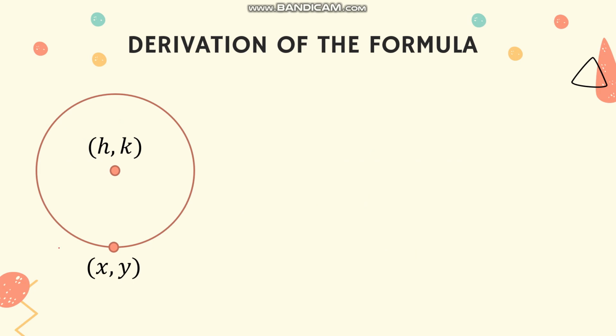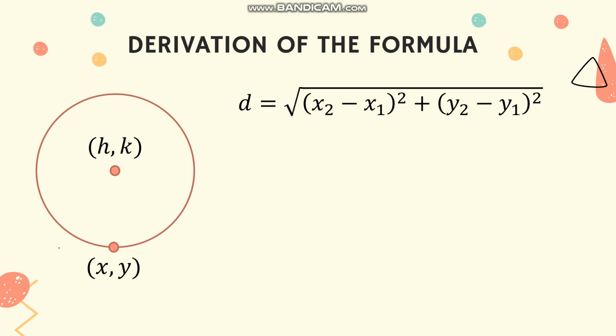In deriving the formula for the equation of a circle, we can use the distance formula, which is d = √((x₂ − x₁)² + (y₂ − y₁)²). To use this, we should have the center, which is (h, k). We should also get another point, which is (x, y).